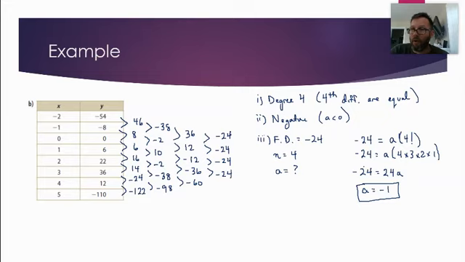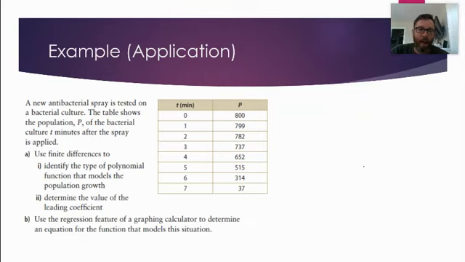I have one more example, and it's actually just more of what we've been doing, just tying in an application. So here we have an antibacterial spray tested on a bacteria culture. And this table represents over time the population of the bacteria culture T minutes after it's sprayed. As you can see, as the minutes increase, the amount of bacteria is decreasing as well. We are going to use finite differences to see what type of polynomial it is.